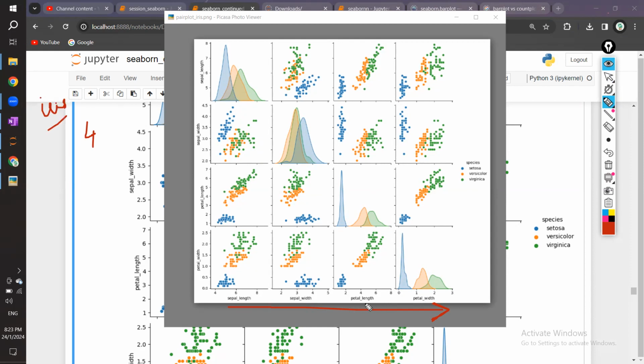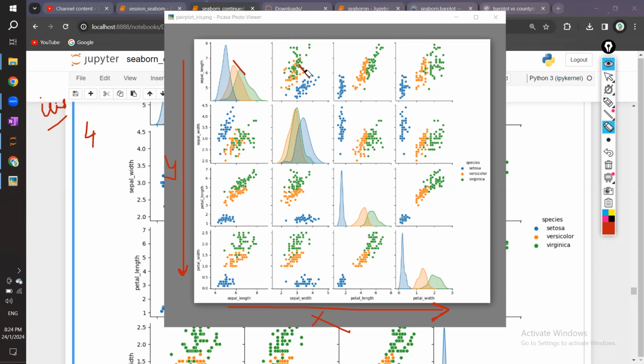In the pair plot, the same four columns will also be present on the y-axis. So the columns on the x-axis will be the same as the y-axis. But now it will try to create pairs for each and every combination. Every block over here represents one particular combination.